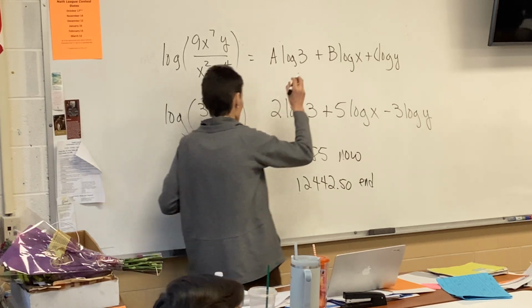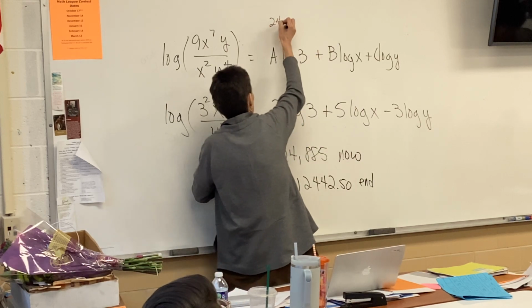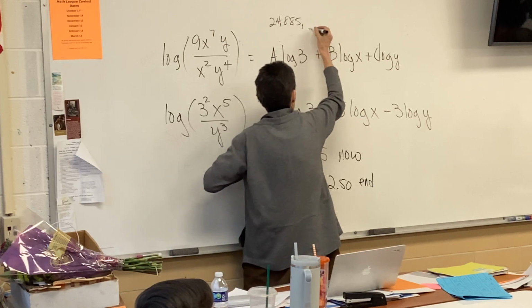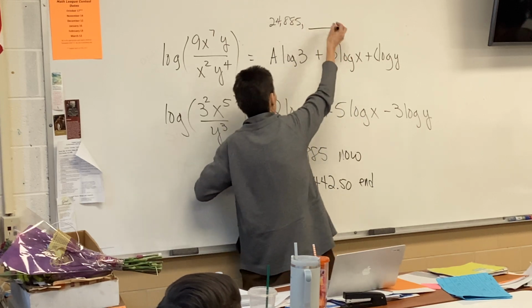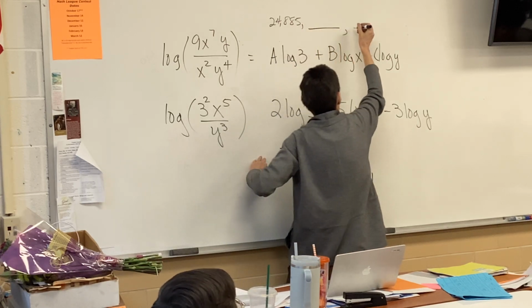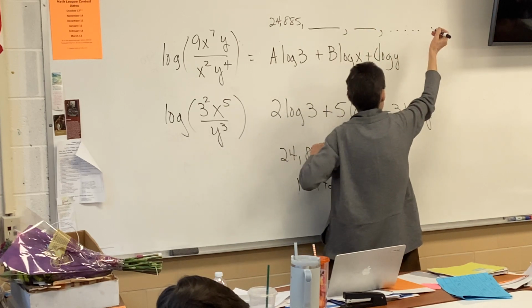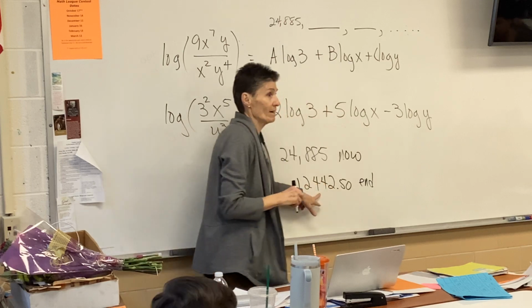And so, if you think about it, you've got this 24,000 number, and every year, so here's after 1 year, it has this value, and after 2 years, it has this value, and eventually, you want it to end up with that value.